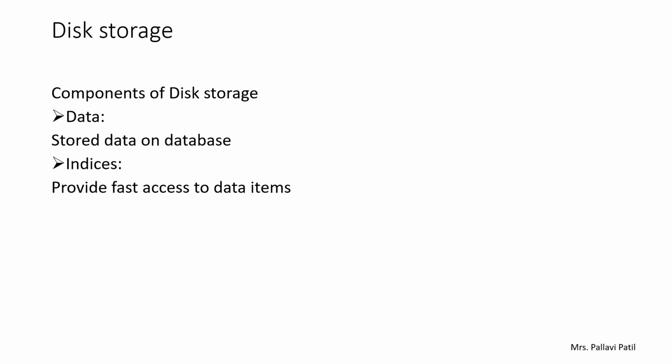For example, our books have an index, so from that index we can get a particular piece of data in a small amount of time. A database management system contains a huge amount of data, so you can easily get the data using the indices.